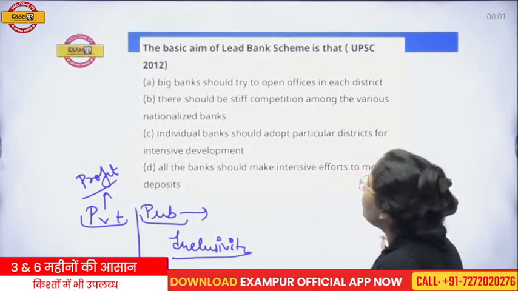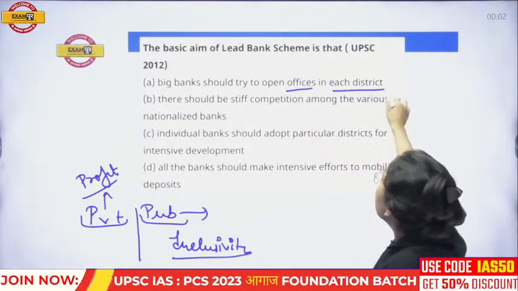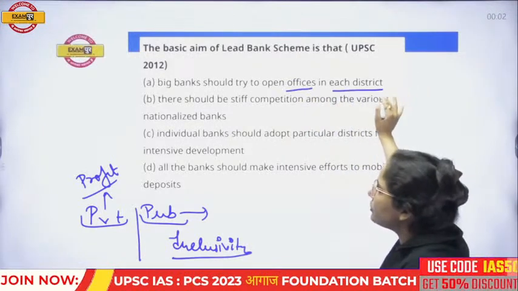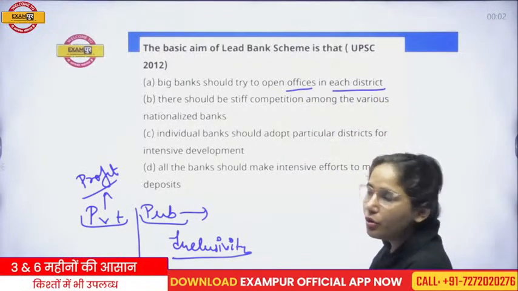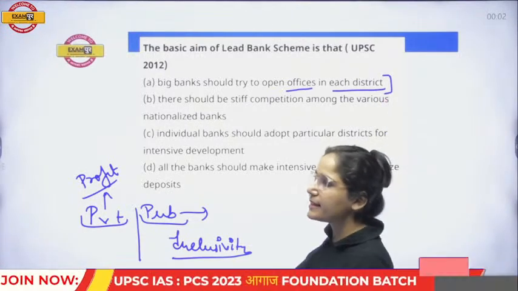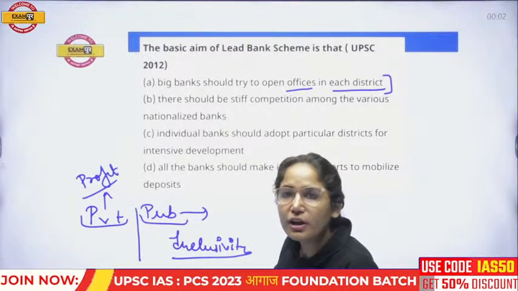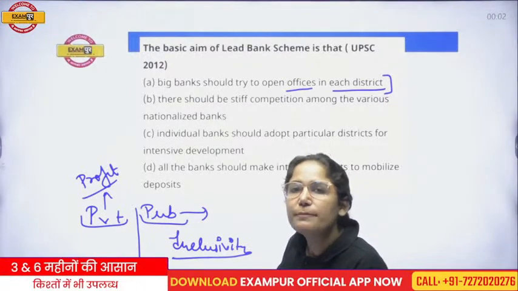So what kind of question could be asked? Big banks should try to open offices in each district. Is it so? First of all, whenever we are taking a decision to implement, we have to start with a shorter chain. We can call it a pilot study.